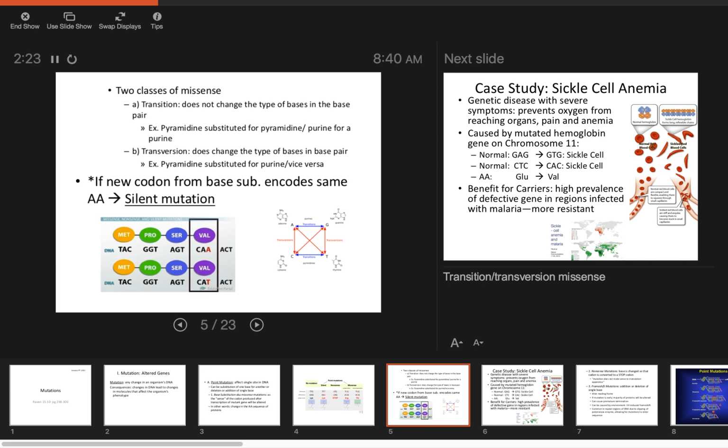So two classes of missense, transition and transversion. Basically, if you go from a pyrimidine to a purine or a purine to another purine, that's what transition and transversion is. Transition does not change the type of bases in the base pair. So a pyrimidine is substituted for a pyrimidine. What are the pyrimidines in DNA?